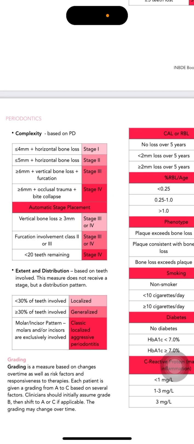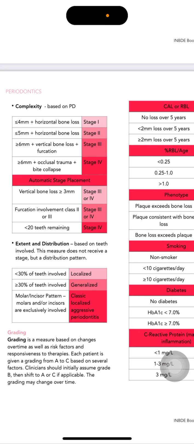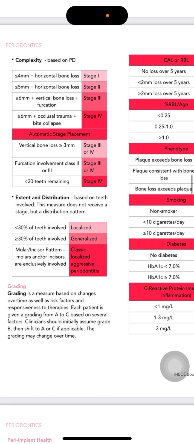Automatic stage placement: vertical bone loss more than 3 mm, stage 3 or 4; furcation involvement class 2 or 3, stage 3 or 4; smaller than 20 teeth remaining, stage 4.